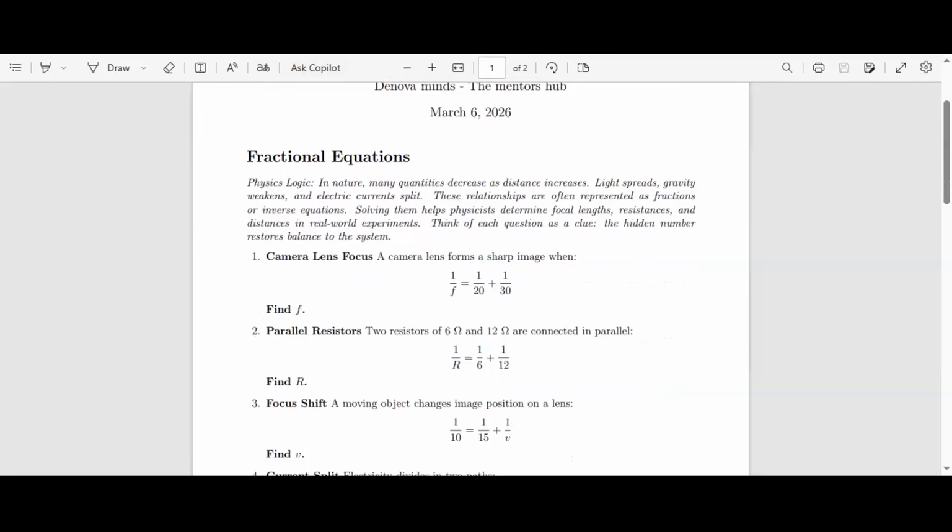These are fractional equations. Equations like this come up a lot in physics. There are some really important sections where you'll have to deal with equations like this.